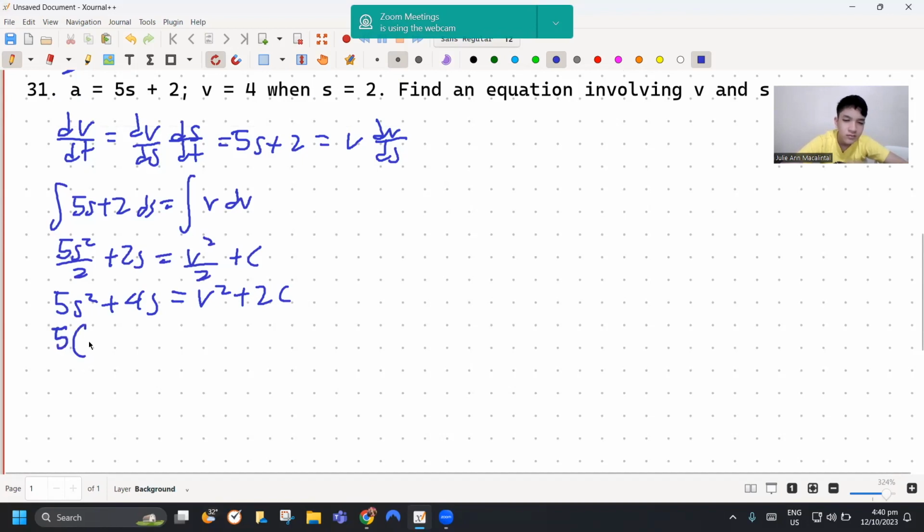So, ngayon, mag-substitute ka. Okay, solve for 2c.